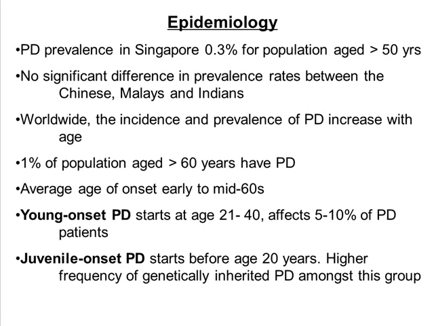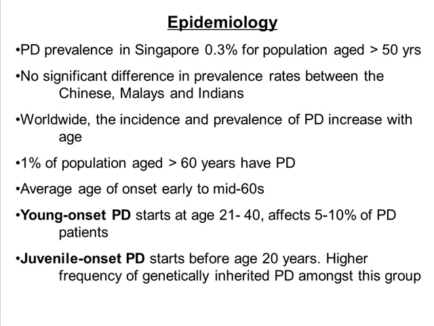Just a bit about epidemiology. Parkinson's occurs worldwide in all ethnic groups. Predominantly in the elderly. Usually the onset is in the 60s, but not to forget that even the young can have Parkinson's disease. So in Singapore, the prevalence is about 0.3% for the population who are aged 50 years and above, and it occurs in all races.